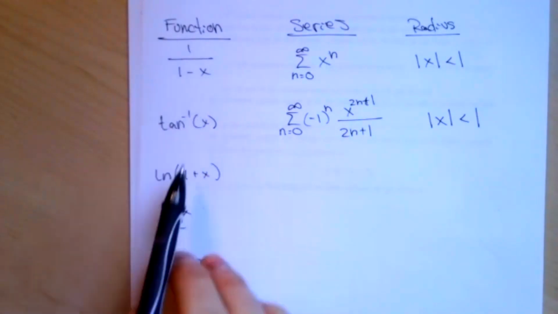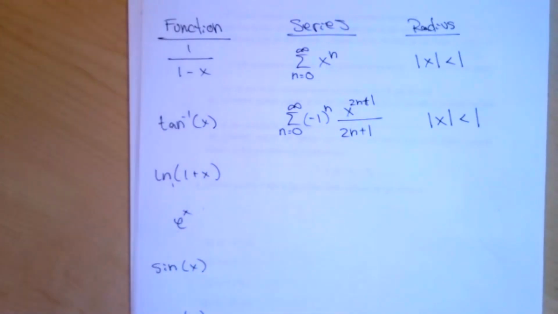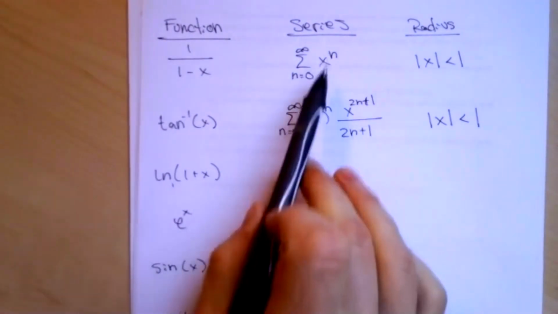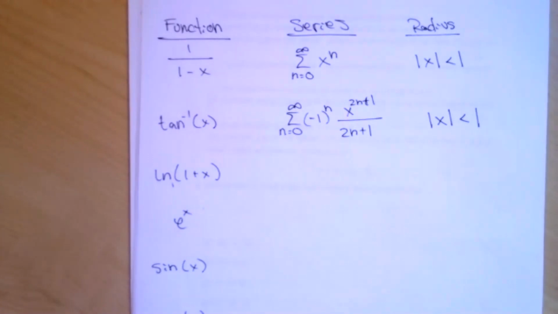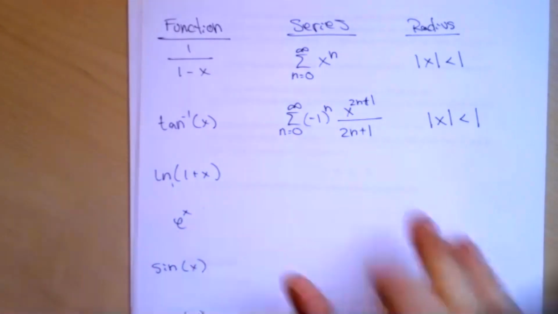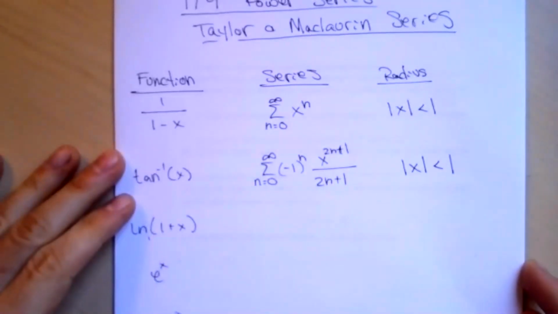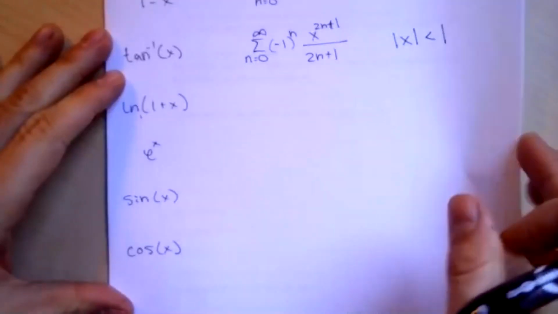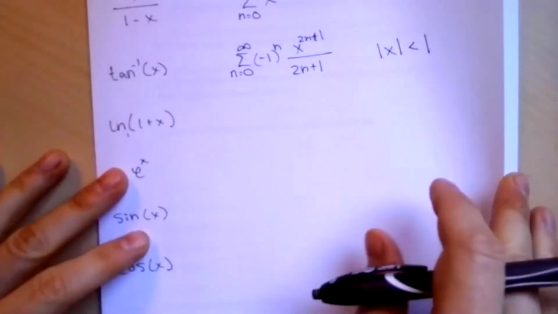So let's go ahead and do another one of those since we can do natural log that way. And so let's warm up with that. And then real quick, we're going to talk about evaluation of series and how we can evaluate series based off of known power series. And then we'll come back to this page and we'll fill it in as we develop these guys.